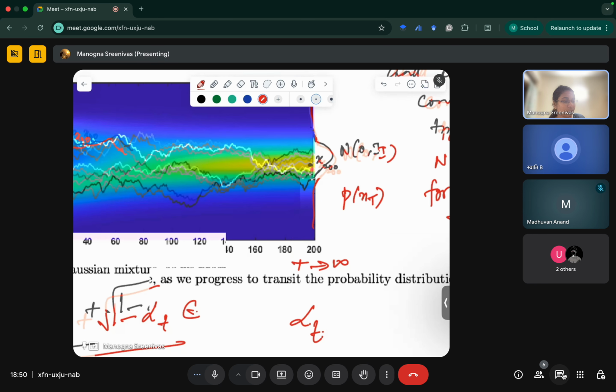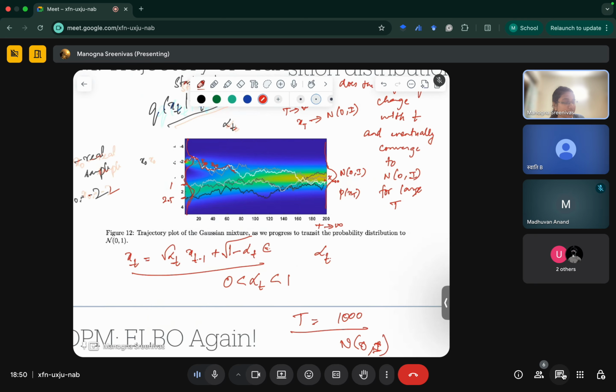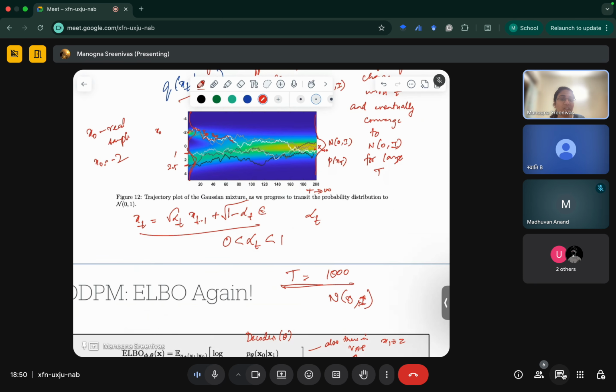There must be some definition, some exit criteria for when the forward process stops. But you are fixing T, capital T. I say 1000 steps, that's all, like epochs, you are fixing it. It may reach a normal distribution during T equal to 1000, or it may not. If you take it sufficiently big, then it will reach. That's how it is.